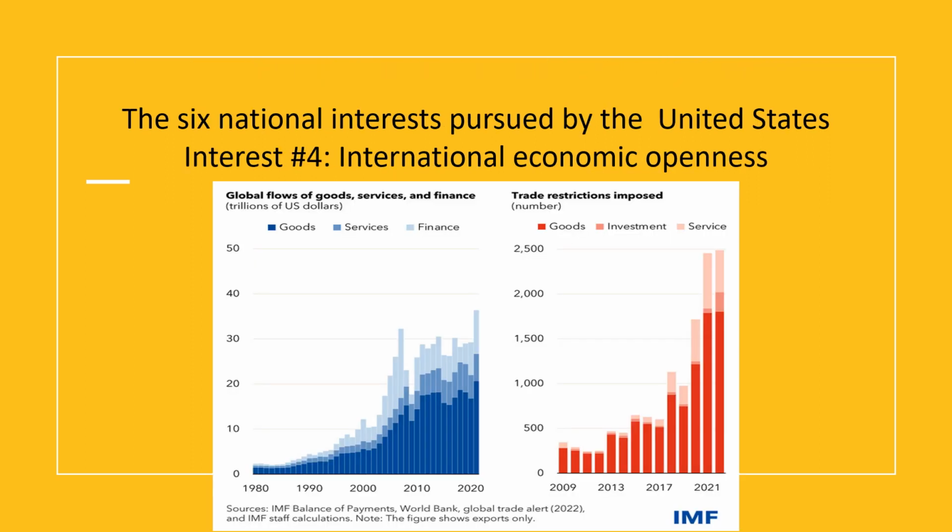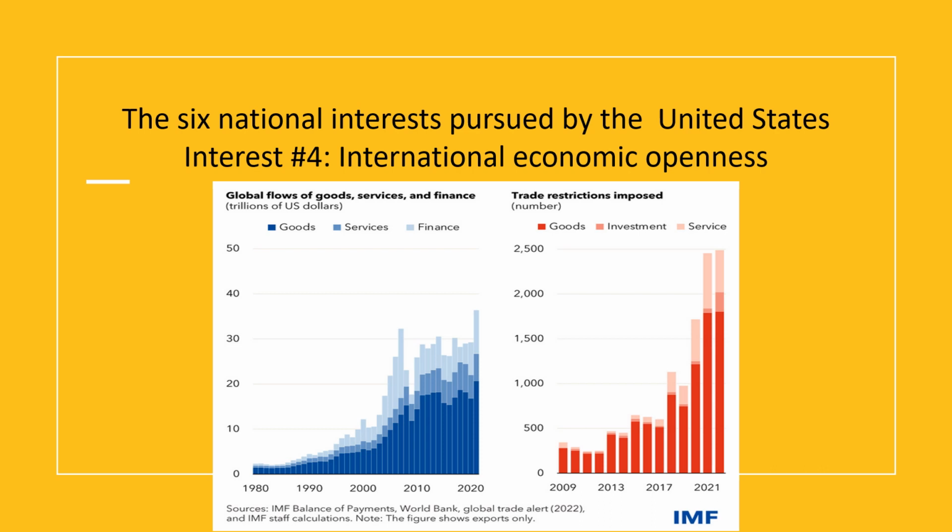What about number 4, international economic openness? This graphic is provided by the International Monetary Fund. You see in the lower right corner, IMF. On the left side, in the blue bar graph, we see the global flows of goods, services, and finance.